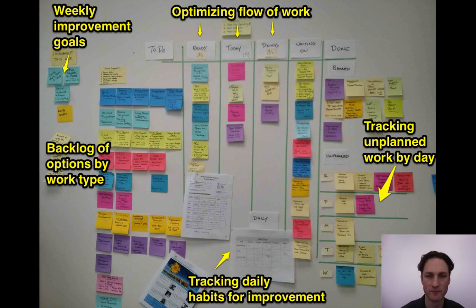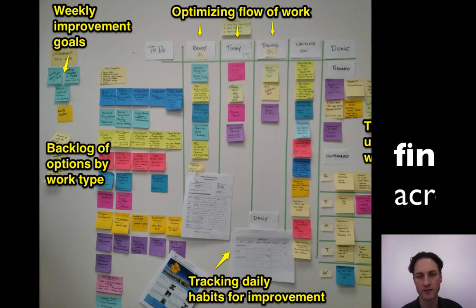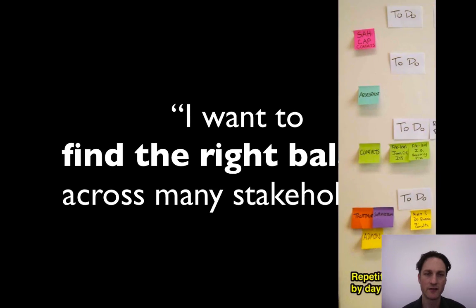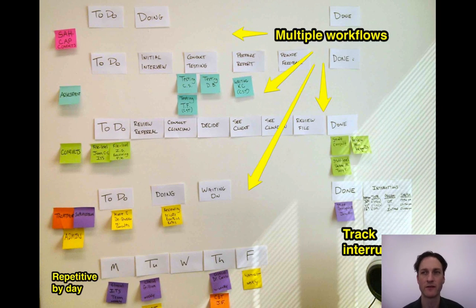For this next board, this person is a specialist in the organization, and he needed help in trying to balance all the needs from many different stakeholders. So this is a very early iteration of his system. So what we decided to do is look at the kinds of work that he's doing and create a separate workflow for each one.